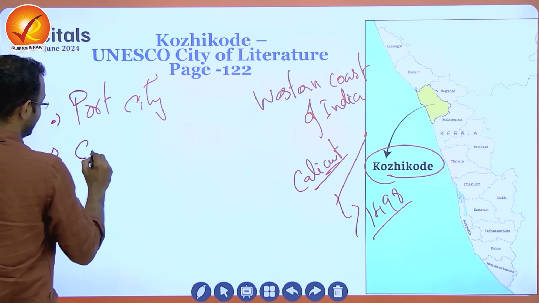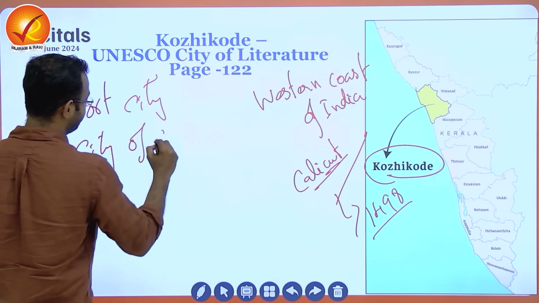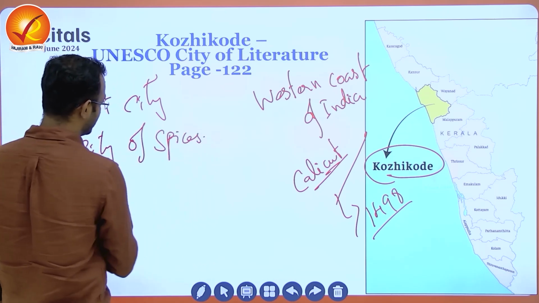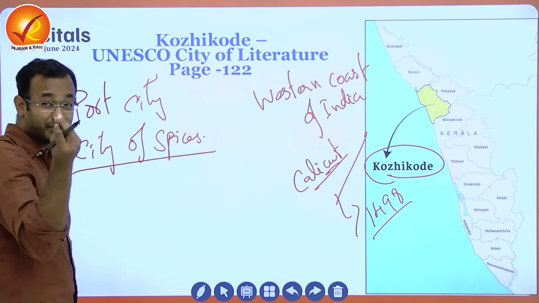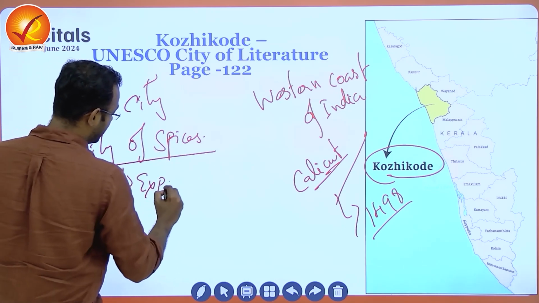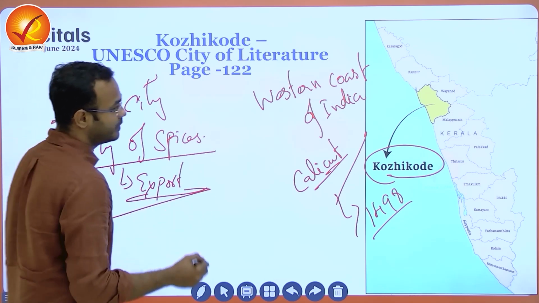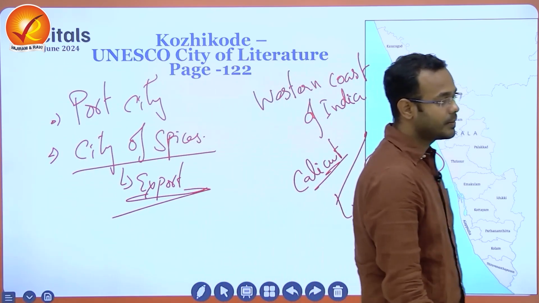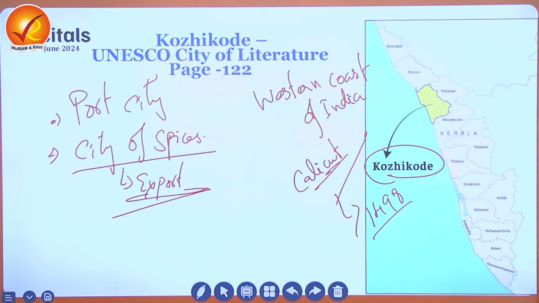The city is also called the City of Spices because of its large black pepper, very importantly black pepper. Export of spices takes place from the city of Kozhikode, so it is called the City of Spices. Hope it's been done.